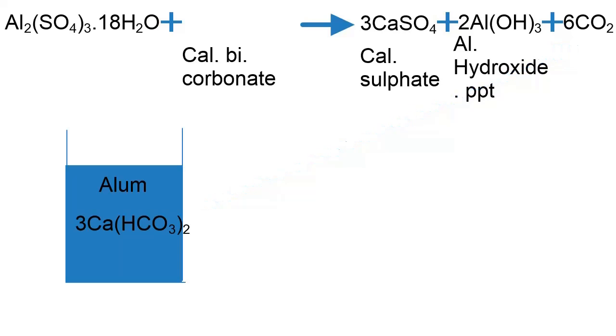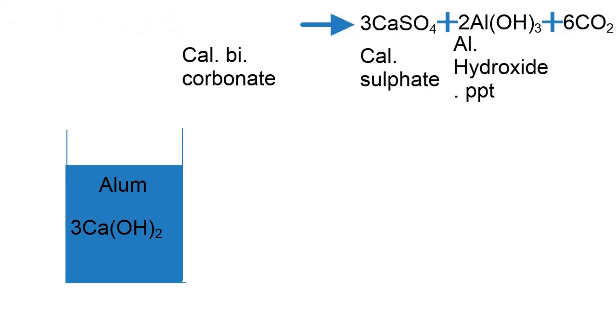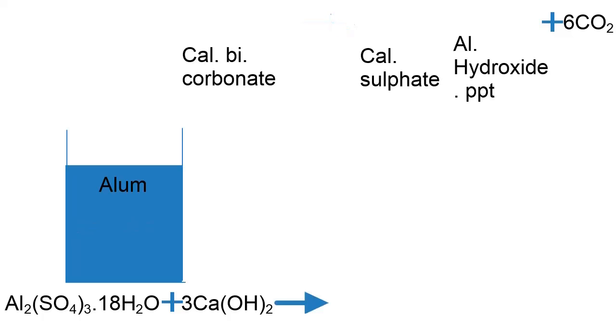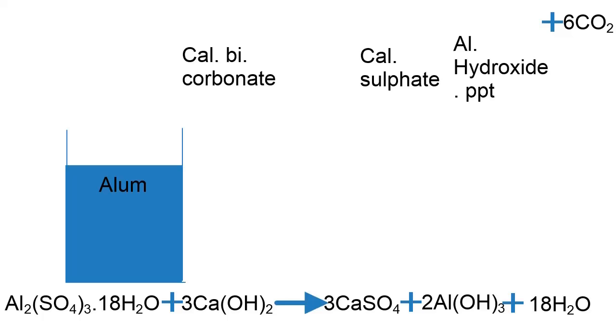The second question is, if the water doesn't have calcium bicarbonate, then what? If the water doesn't have calcium bicarbonate, then it might have calcium hydroxide. Then the reaction follows like this. Alum reacts with 3 calcium hydroxide, then produces the same 3 calcium sulfate, 2 aluminum hydroxide plus 18H2O.